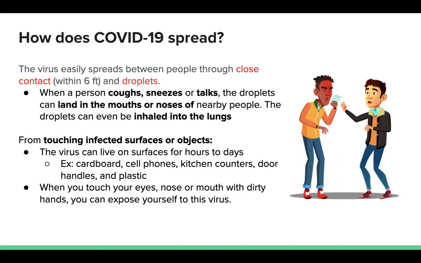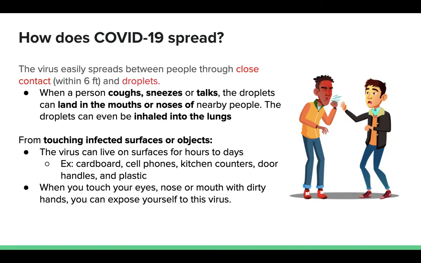So how does COVID-19 spread? The virus spreads between people through close contact and droplets. Whenever a person sneezes, coughs, or talks, the droplets can transfer from one person's mouth to the other person's body. The droplets can even be inhaled into the lungs. Touching infected surfaces or objects is another way this can happen. And like we said, the virus can live on surfaces for a couple of hours to even days.